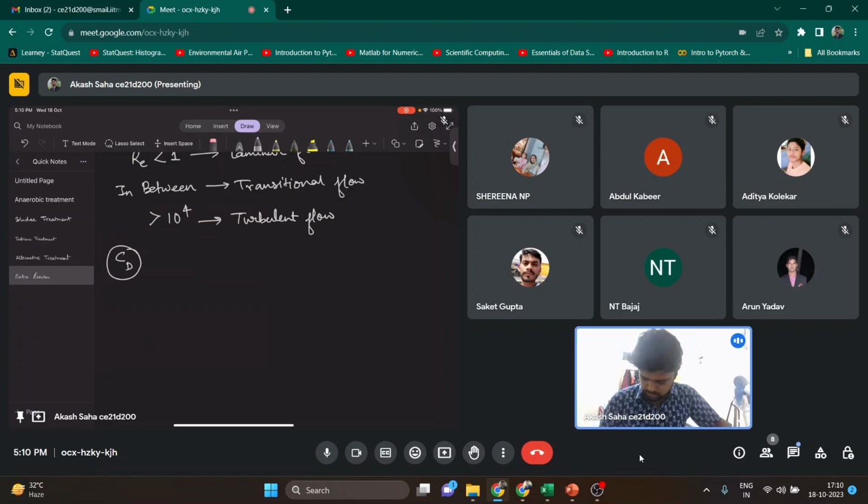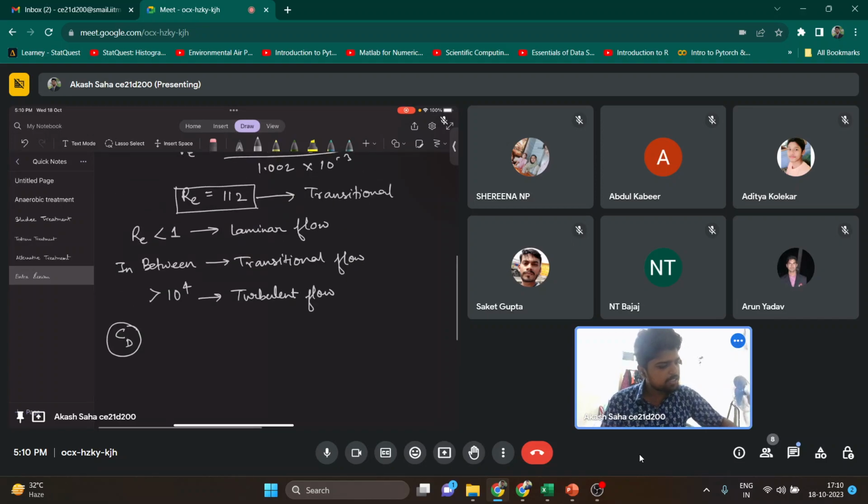So based on this CD value, we have to now calculate. So how will this CD value change? In the case of laminar flow, my CD is equal to 24 by Reynolds number. Okay, so please make a note of it. In case of laminar flow, my CD value is 24 by Reynolds number.